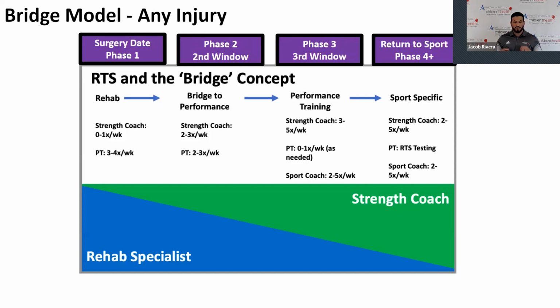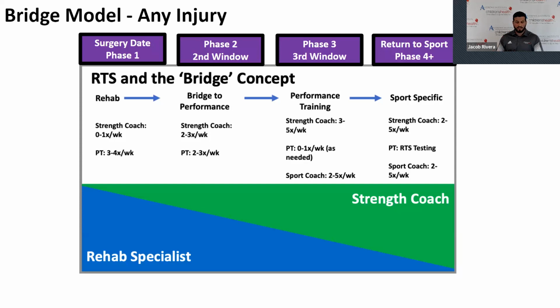Now, very simply, can you go back and do the same thing for any other injury? What does the return to sport phase 4 typically look like? What's that range look like? When was the surgery date? How could you phase 1 after a shoulder surgery, for example? With some of the athletes I've worked with that have had surgery on their shoulder, we might be doing planks in phase 1.